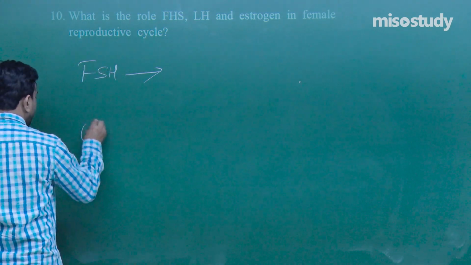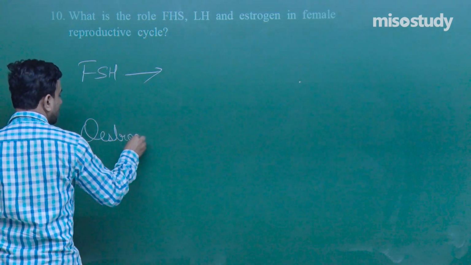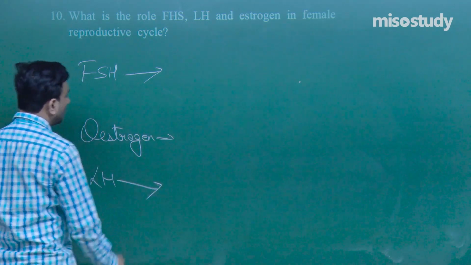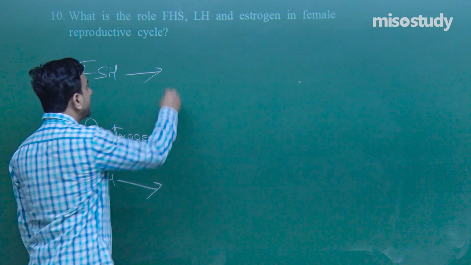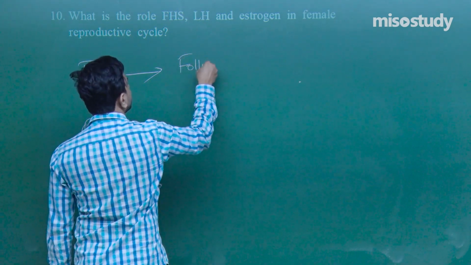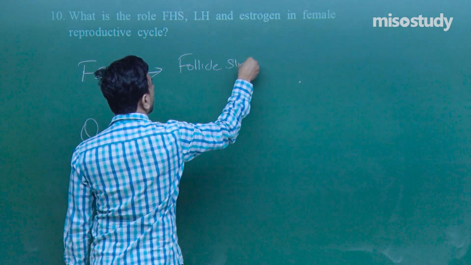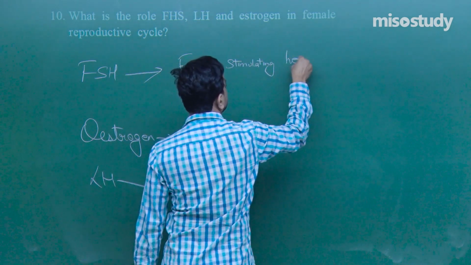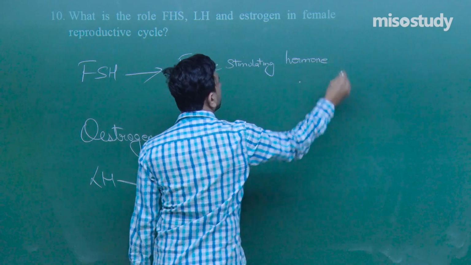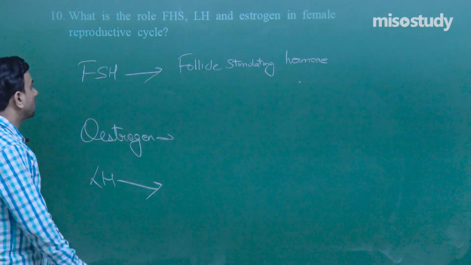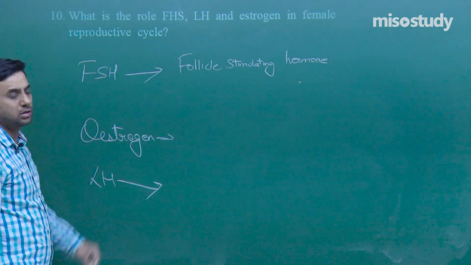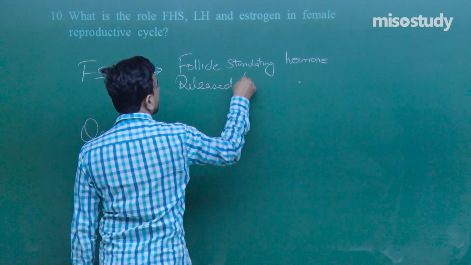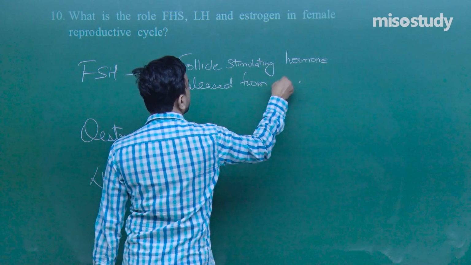FSH is also called the follicle stimulating hormone, and what does it do? It is released from the pituitary.